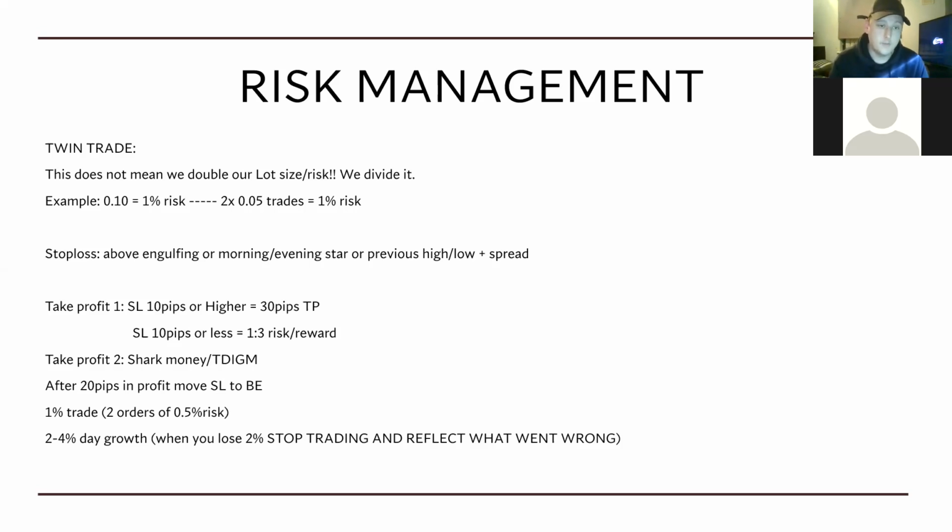So you can generally just put your stop loss maybe a couple pips above them, or above your last high or low point. The reason why I say plus spread, and a couple pips above your confirmation candle, is for spread.